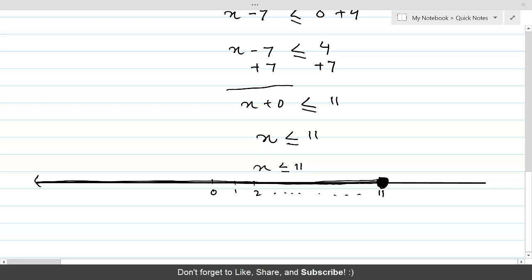And if we want to express this in the form of an interval, here if we continue going toward the left, this line doesn't end, and there is an undefined point here that we call minus infinity. Minus infinity means that it continues to go toward the left and there is no end point.